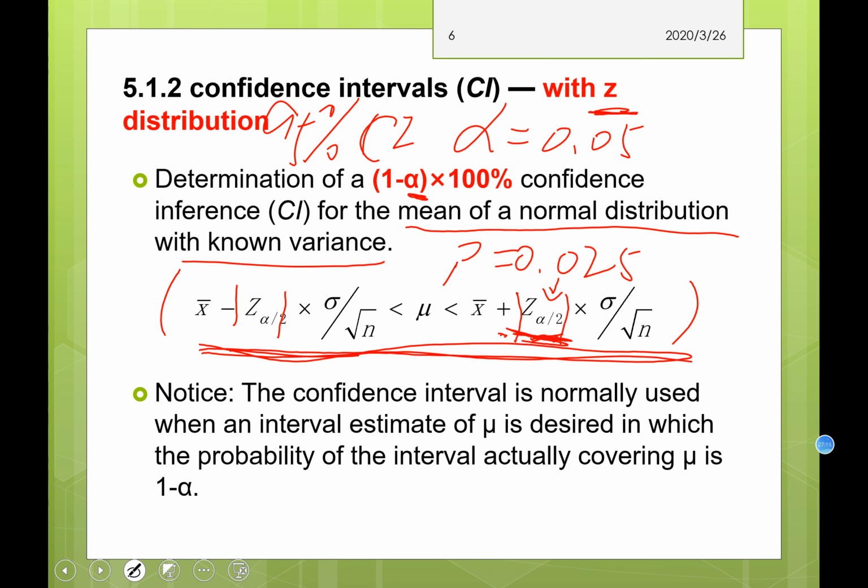It should be 1 minus alpha percent. And most often, this probability 1 minus alpha is given in the question, and we can know the number of alpha, and then we can find out the corresponding z half alpha in the table A1.